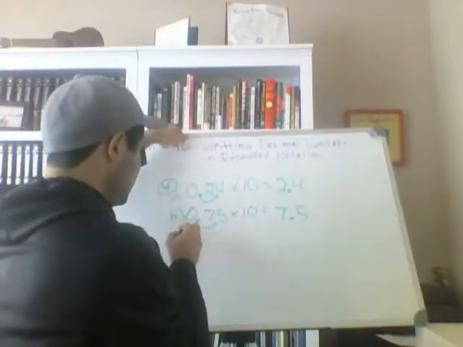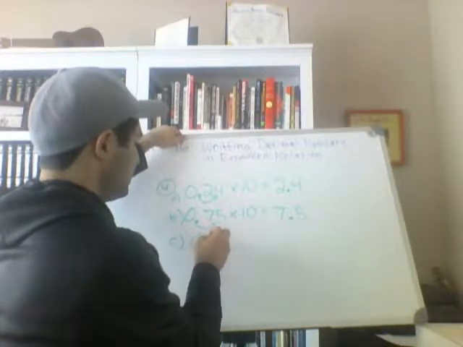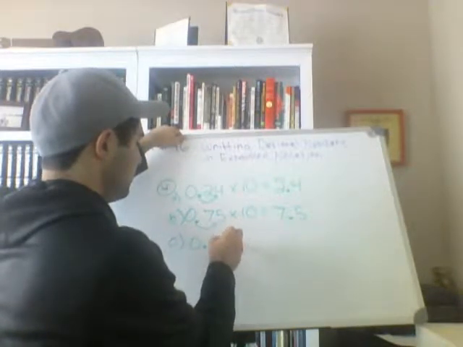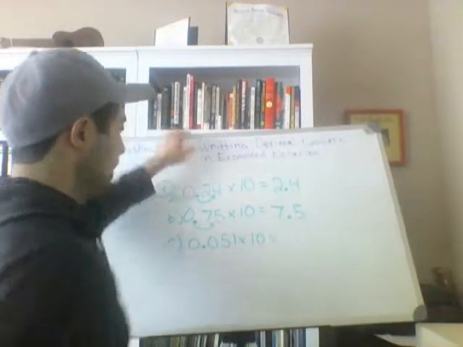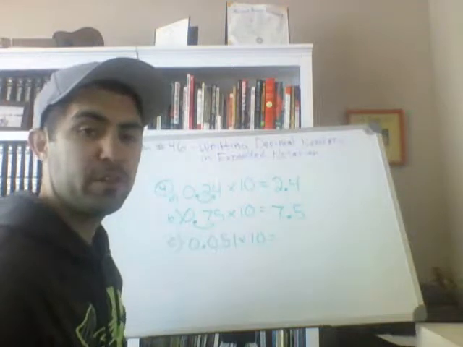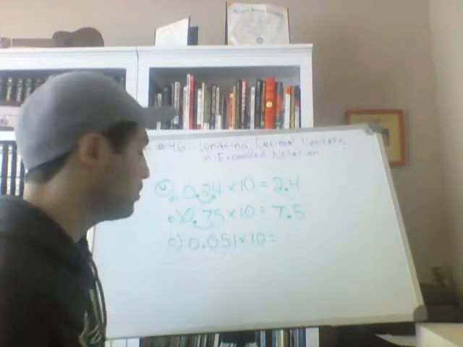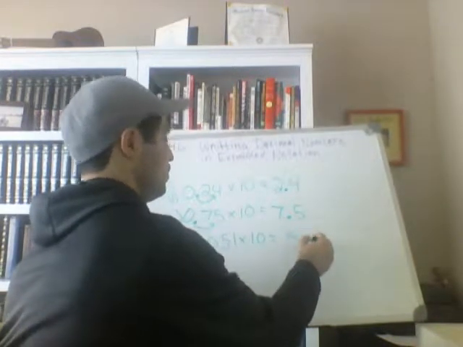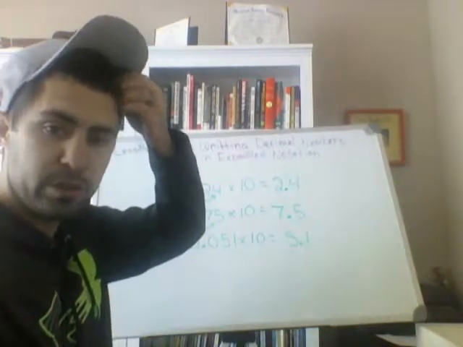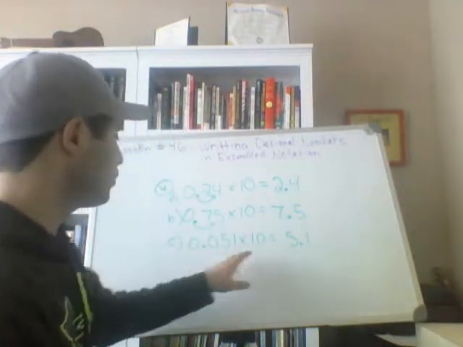Moving on to C. Let's do 0.051 times 10. Now this number looks a little bit different. There's nothing in the tenths place. So some people might think, oh, the answer is 5 and 1/10. The decimal goes in between the two numbers. No, that is not the formula for how you multiply by 10.